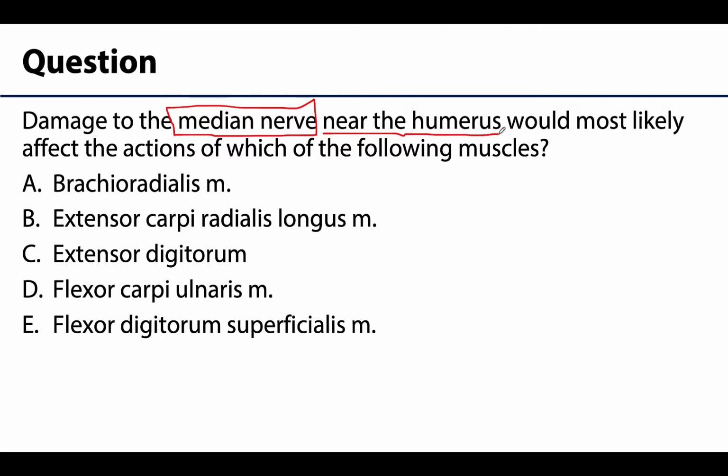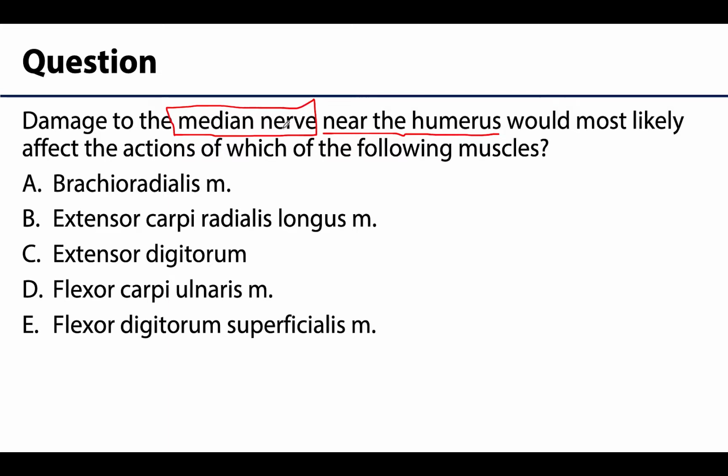No. Typically, it will only affect those muscles or the sensory component of the skin that's downstream to the injury. So, if the injury happens near the humerus, then it could affect the muscles of the forearm.